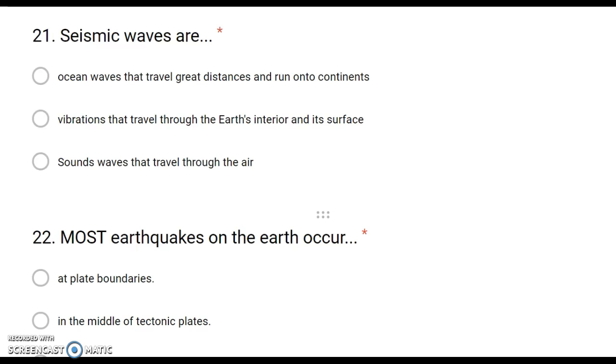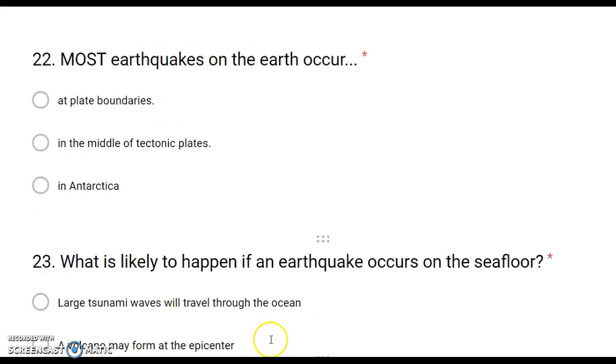21. Seismic waves are ocean waves that travel great distances and run onto continents, vibrations that travel through the Earth's interior and its surface, sound waves that travel through the air. 22.